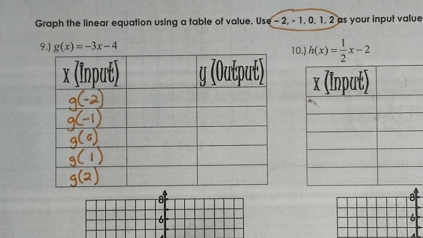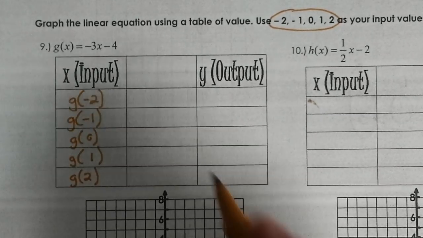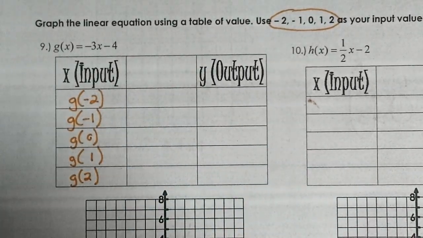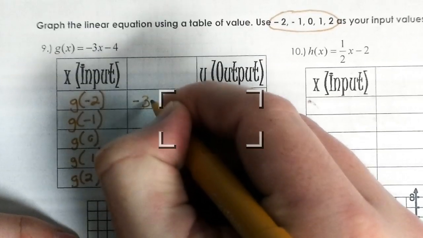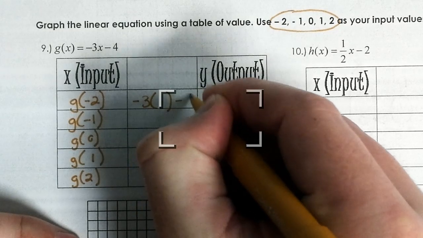Well, we put in our input, right? What I always teach is whenever there's a variable, put in parentheses, because that kind of helps out when it comes to knowing, am I going to add there, subtract, multiply, divide. So I'm going to put in -3 parentheses minus 4.